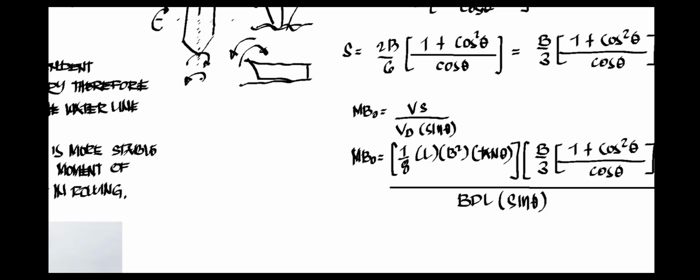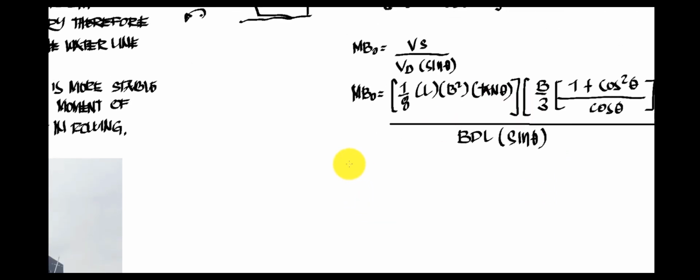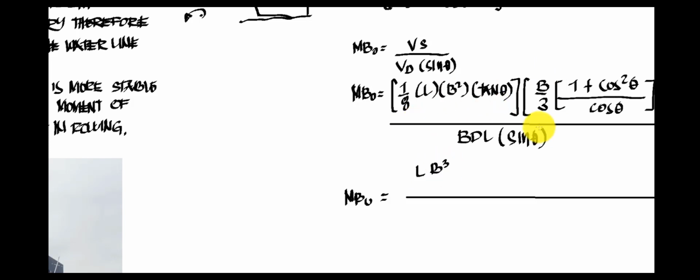Now we're going to distribute this one, so we have m mu equal to L, then multiply this one, we have b cubed, then 8 times 3, so that is over 24, then we have tangent of theta.